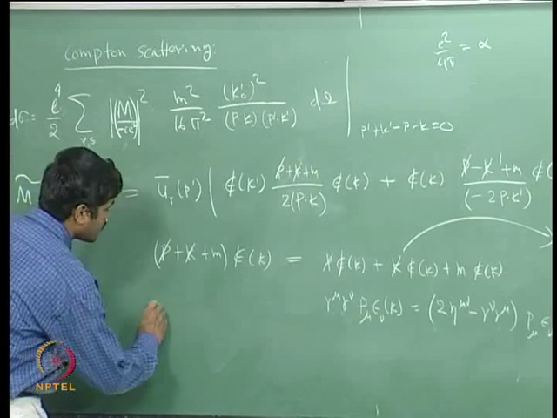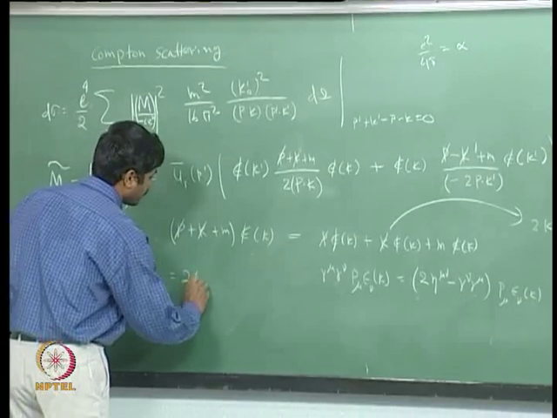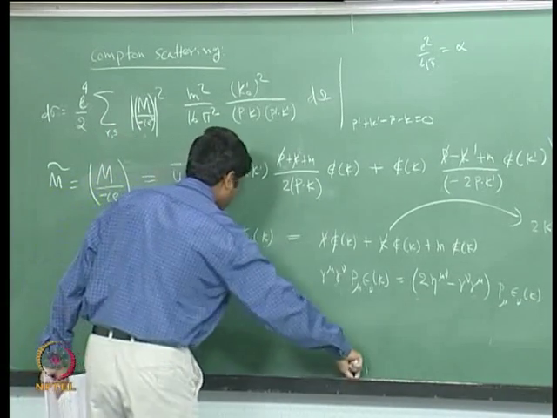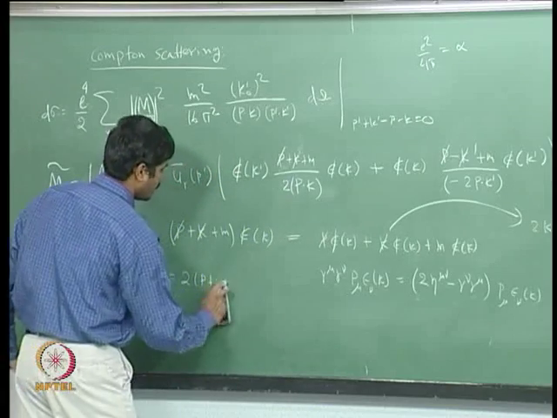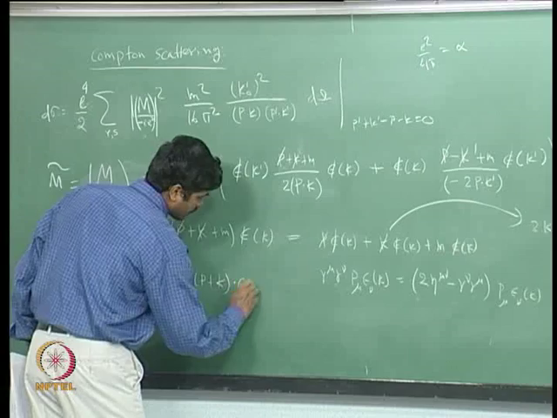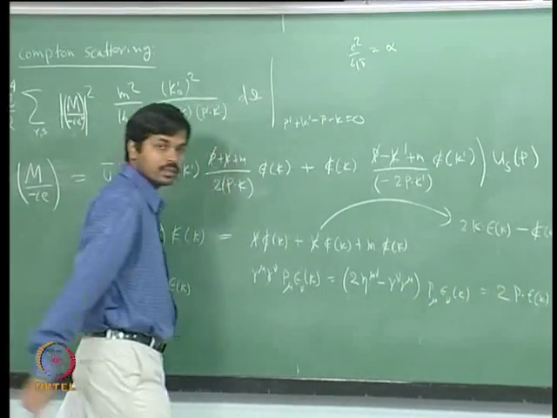When I put these things together, what I get is twice (p plus k) dot epsilon of k from this and this.